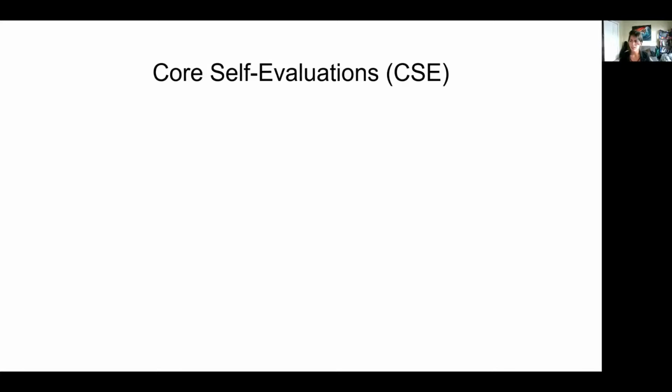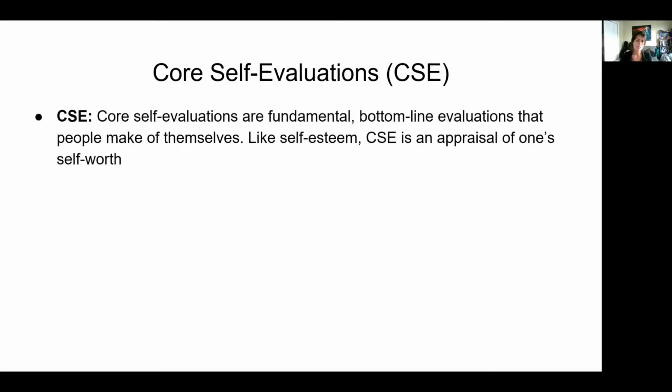So the next thing, which I've mentioned before during the individual difference side as well, but also relates a lot to affect and emotion, is this concept of core self-evaluations. So like trait affect, it's an individual difference type of construct. And it specifically talks about the fundamental bottom line evaluation that you make about yourself.